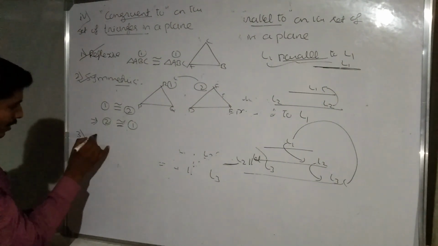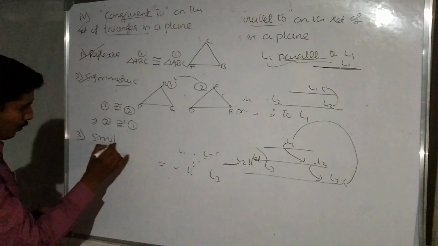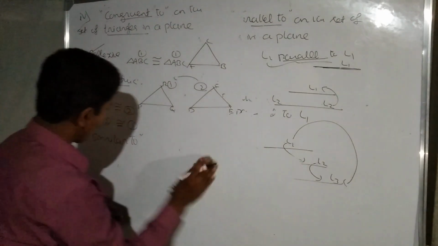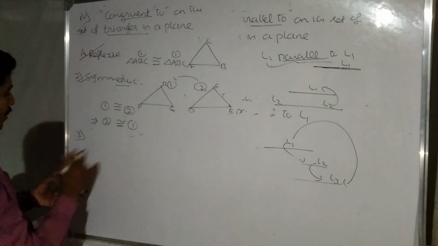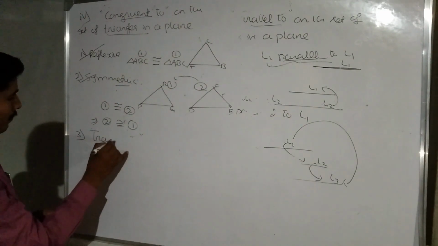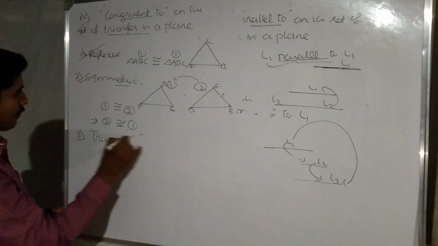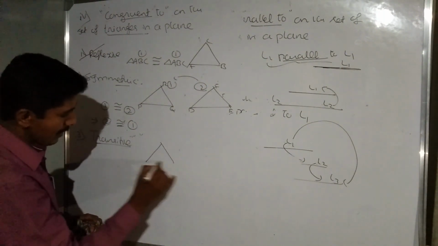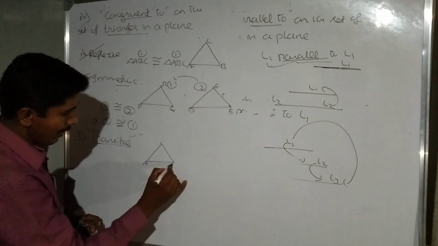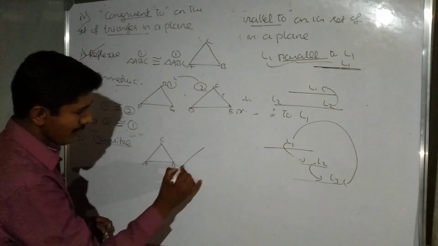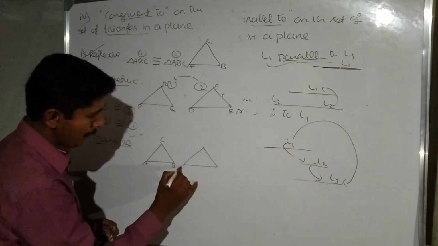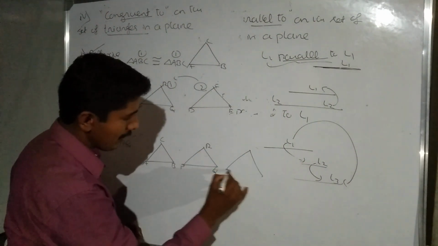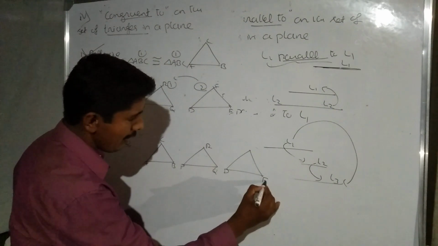Next, transitive. Let us take three congruent triangles, triangle ABC, next triangle PQR, next triangle DEF.